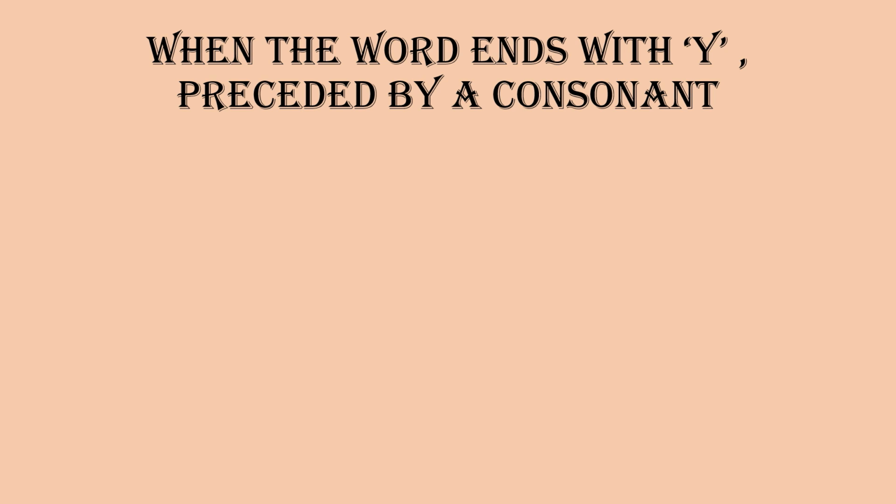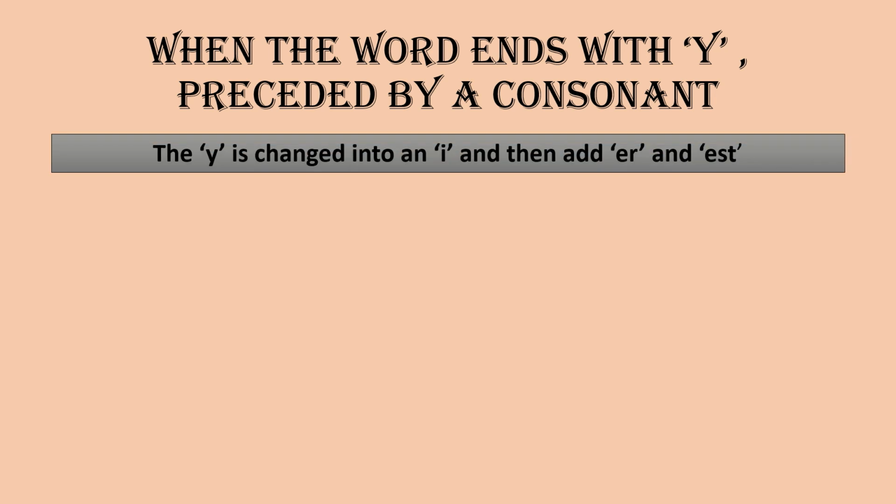Now the other type is when a word ends with the letter Y and preceded by a consonant, which means when the letter before Y is a consonant, you have to change that Y into an I and then add ER and EST. For example, the word happy has a letter Y at the end.